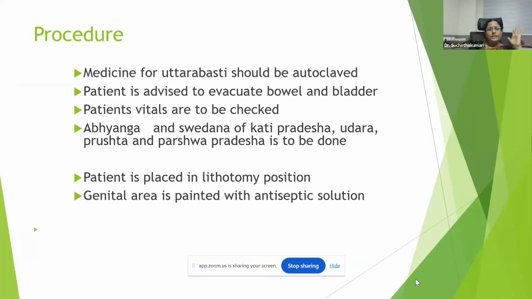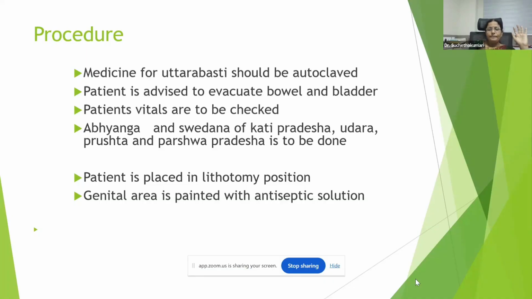So here, the procedure: first of all, the medicines and the instruments will be autoclaved, and the patient is advised to evacuate the bladder and the bowel, and the patient's vitals are checked, and Abhyanga and Svedana of the Kati Pradesha, Udara, Prishta and Parshva Pradesha is done. The patient is put into the lithotomy position.